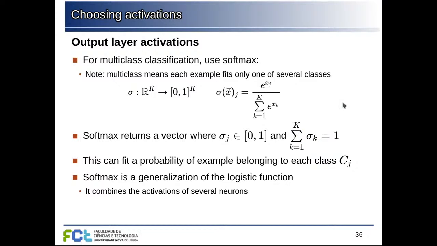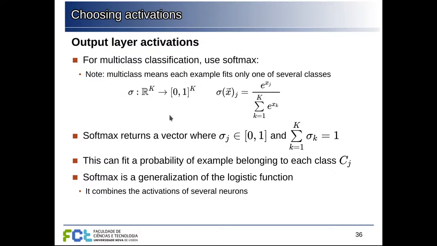Suppose that we have 10 classes, then we distribute this probability among the 10 of them, and we can, for example, assign the example to the class with the largest probability, but this gives us the distribution of probabilities of belonging to all these classes.